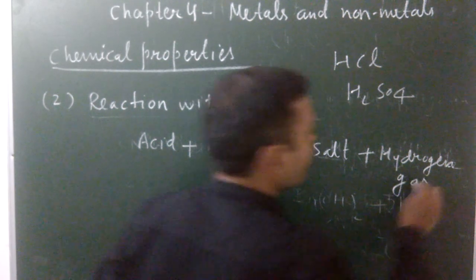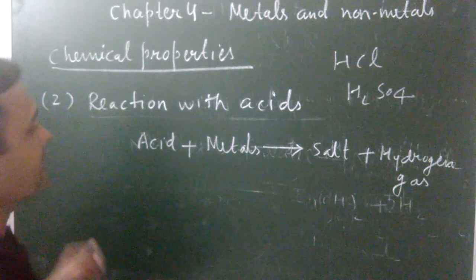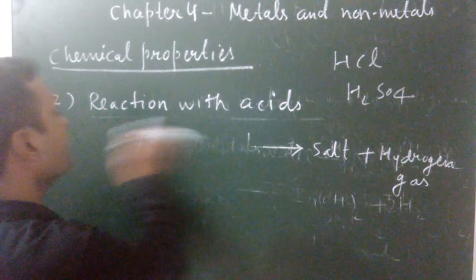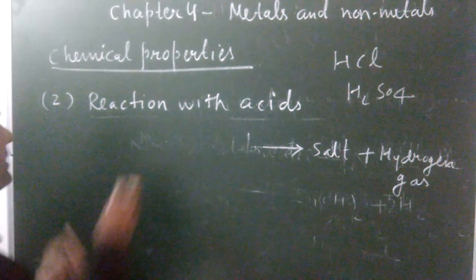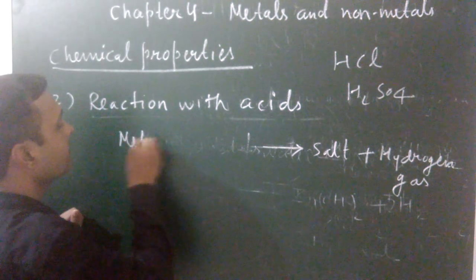So what happens? When a metal reacts with acid, it gives salt and hydrogen gas.